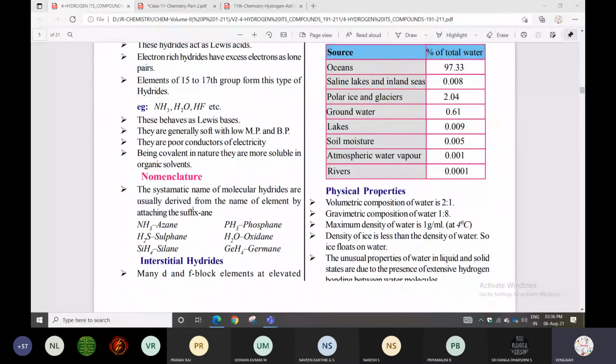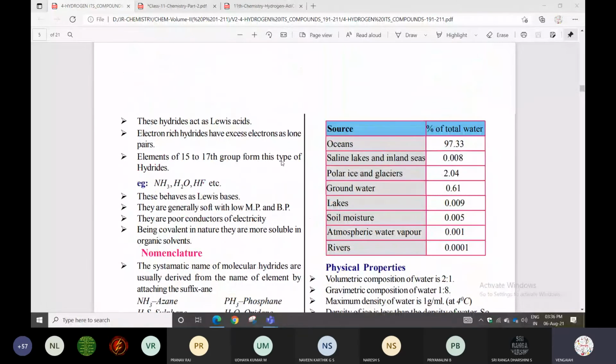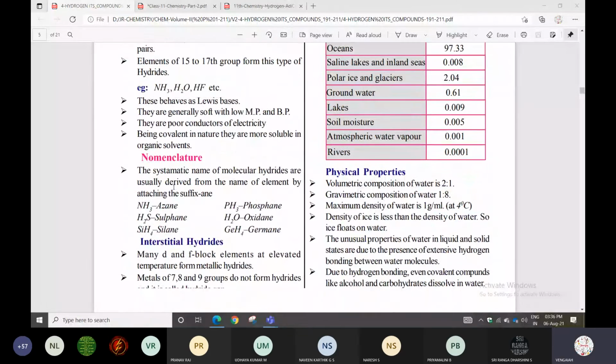Next, we have one more thing, the last one, metallic hydrides.